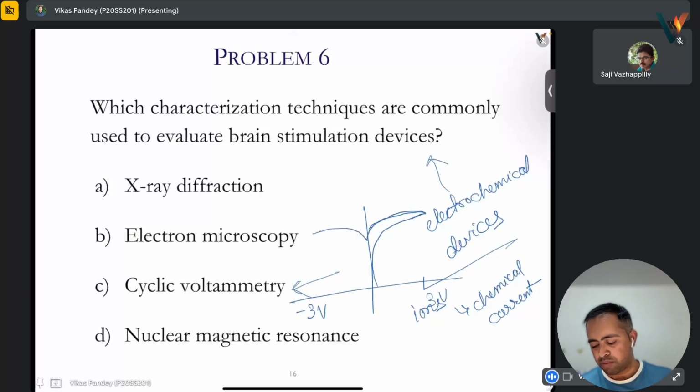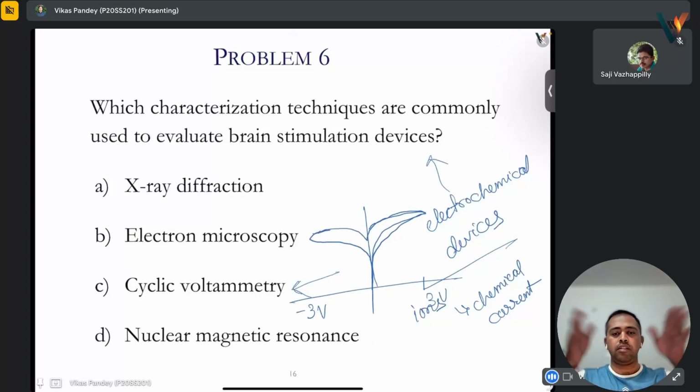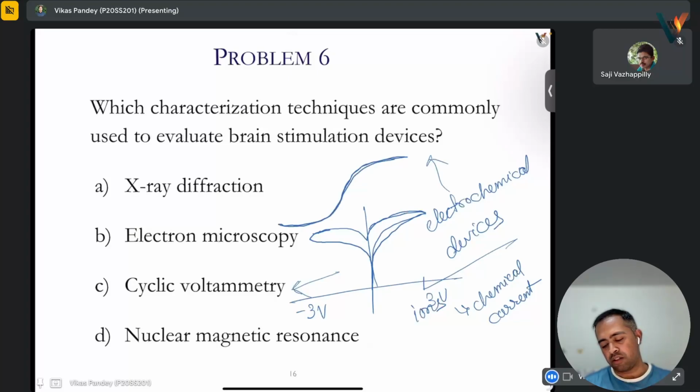The current can look like this if there is a separation, set and reset, but if it is an ideal device, it will simply make one curve like this. Say this is 0 volt. It will depend on the device type. So this is a technique.